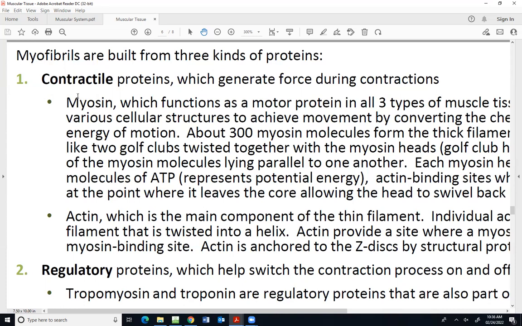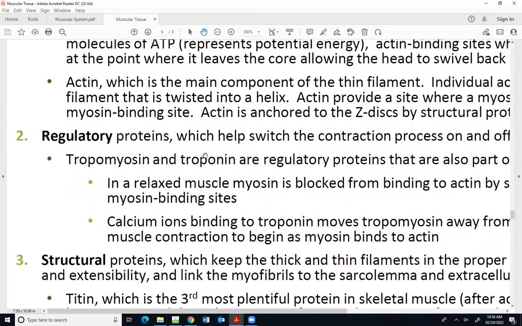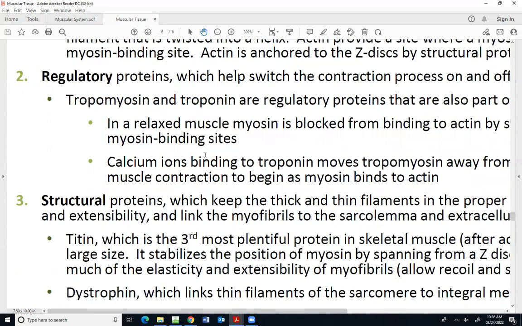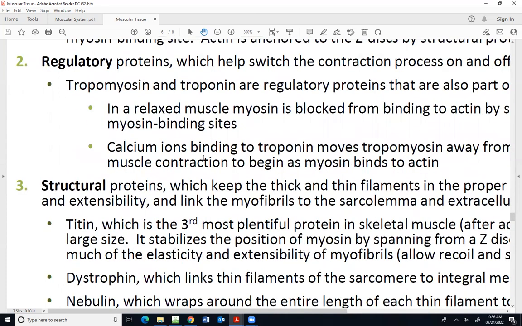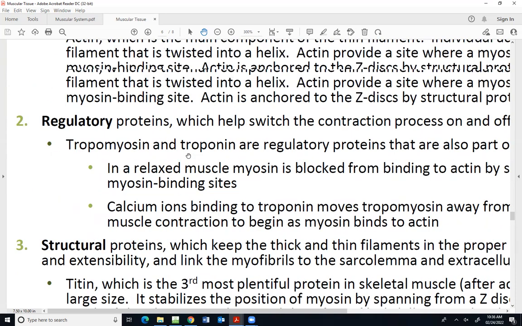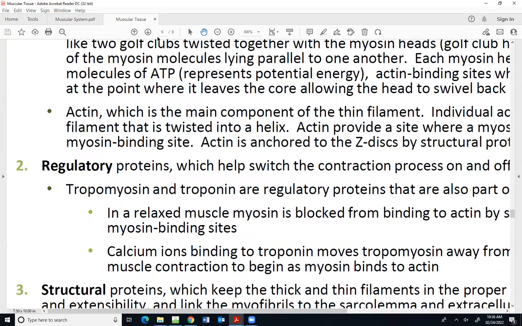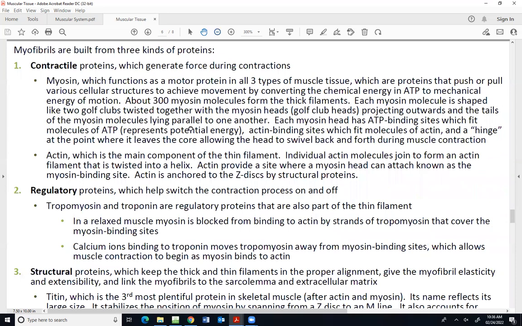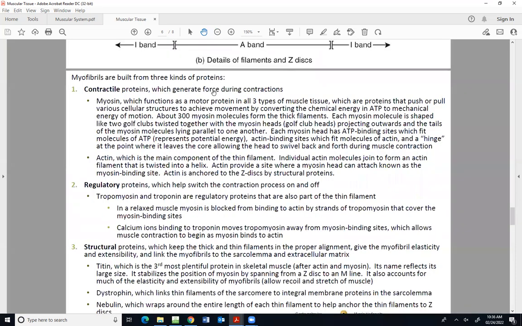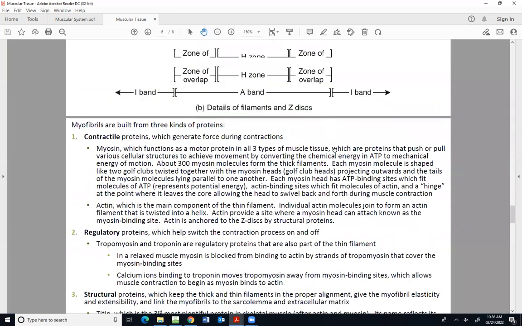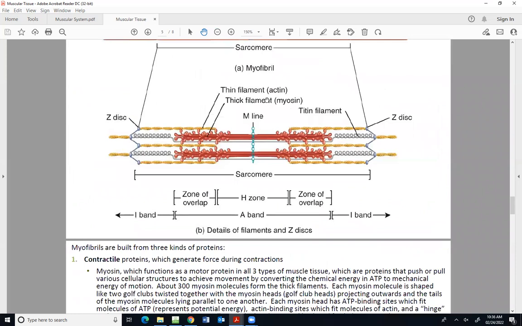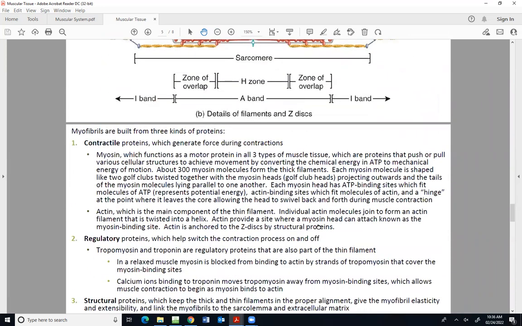At the top here, contractile are the two that were mentioned on the previous page in parentheses, myosin and actin. Then you've got regulatory proteins and then structural proteins.